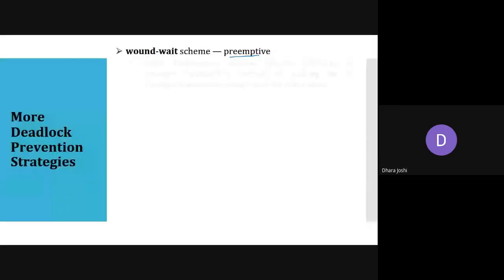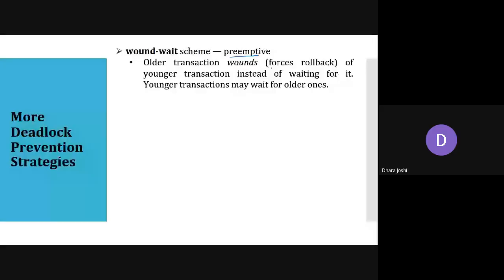Okay, good. The next scheme is the wound-wait scheme, which is a preemptive scheme. That means here the transaction will forcefully take the data item from another transaction. An older transaction wounds, meaning it forces rollback of the younger transaction instead of waiting for it, and the younger transaction may wait for older ones.